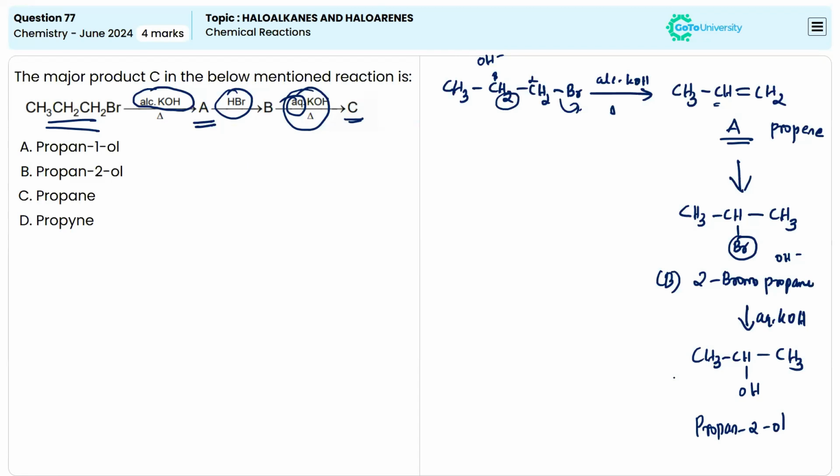This is the product C in the reaction. Propan-2-ol will be produced. So from these options, option B is correct. Okay. So when the reaction medium changes, the entire reaction also changes. That is the important thing regarding this.